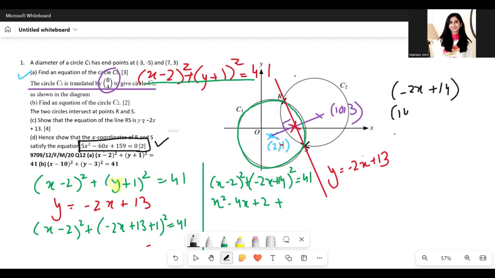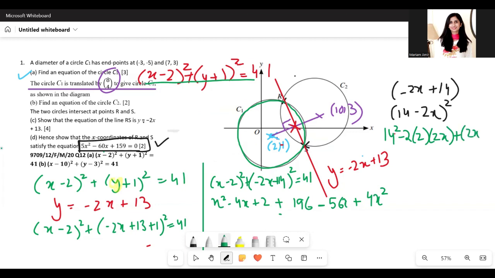You may change it to (14 minus 2x) whole squared, and then this is the identity a squared minus 2ab plus b squared. Okay. 14 squared is, I believe, 196. So 196 minus 2 times 2x times 14, which is going to be 56x, and plus (2x) whole squared, so it's going to be 4x squared. It's going to be a squared minus 2ab plus b squared.